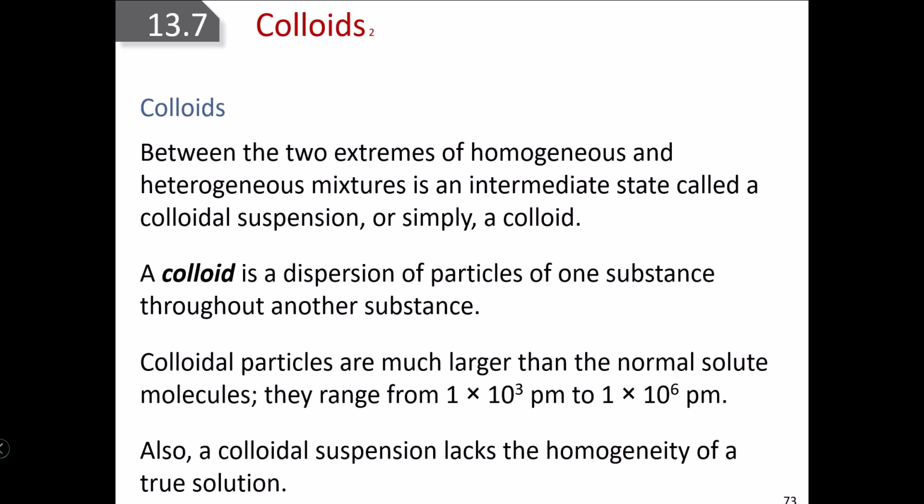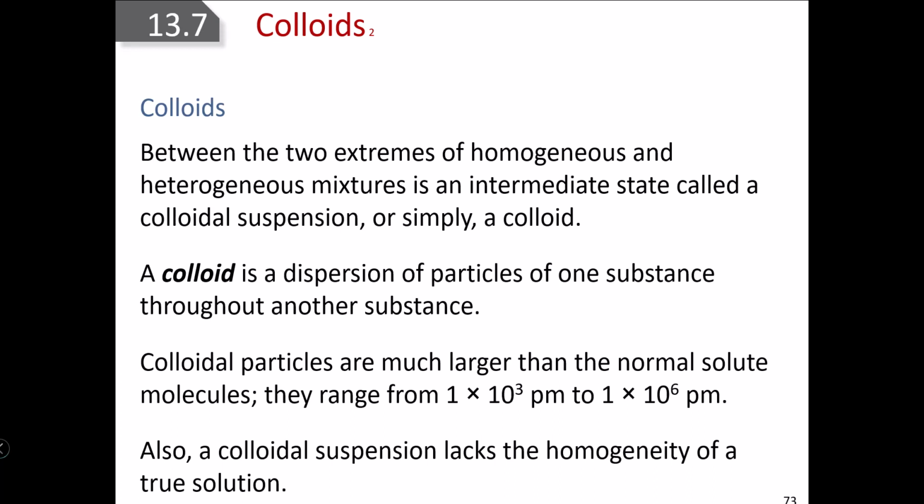But if the particles get so large that they start to interact with the light, called the Tyndall effect, then we say, no, this isn't a homogeneous mixture anymore. If you can't see the particles with the naked eye, we generally call them colloids. And look at the range there. If you look at the range of the size of the particles, that gives you an idea of what we're talking about here.